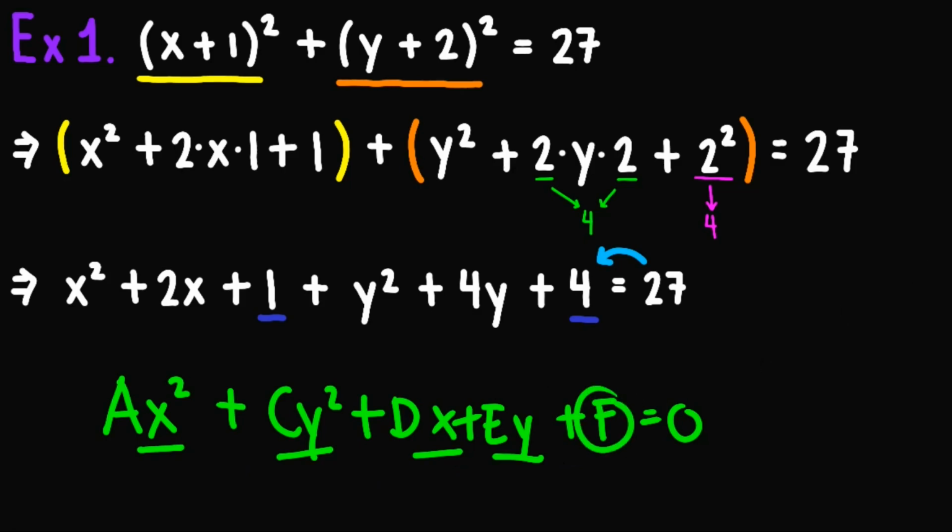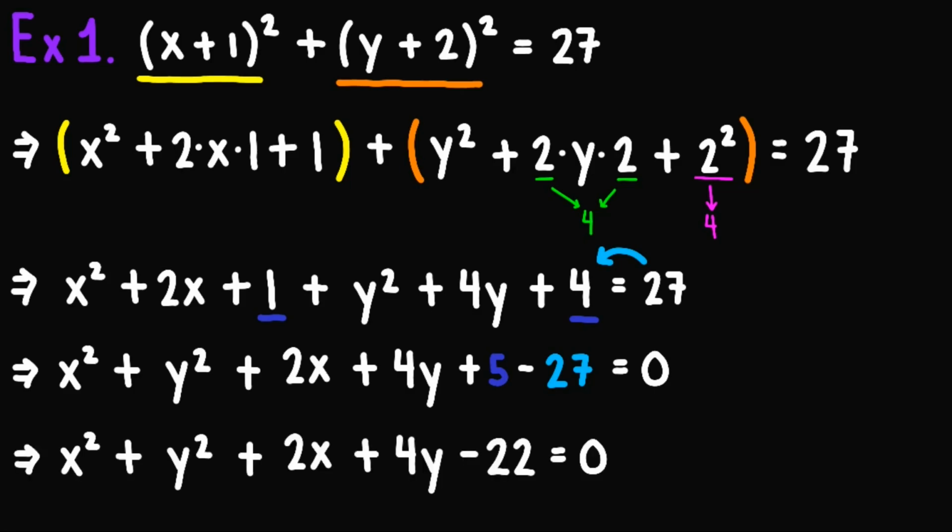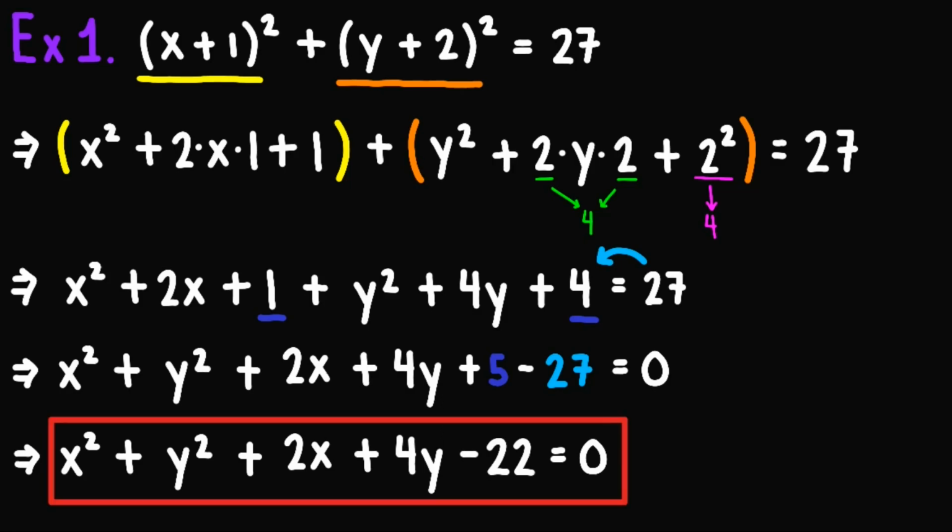So doing that, we'll have x squared plus y squared, the degree 2 terms, plus 2x plus 4y, the degree 1 terms, and the constant, which is 5 minus 27. Simplifying 5 minus 27, and we'll have this. So the final answer is given by x squared plus y squared plus 2x plus 4y minus 22 equals 0. This out here is the standard form of the given center radius form.